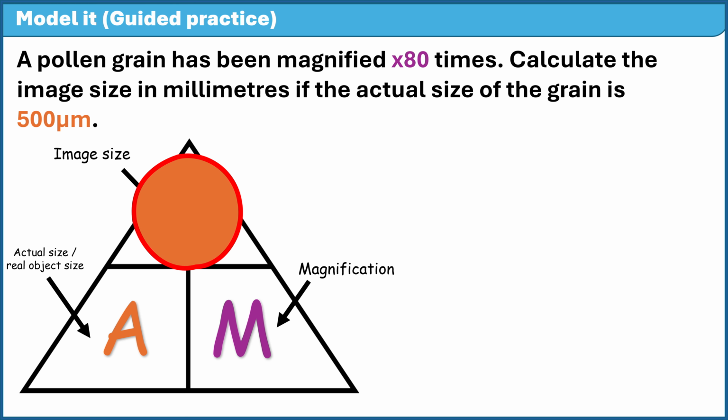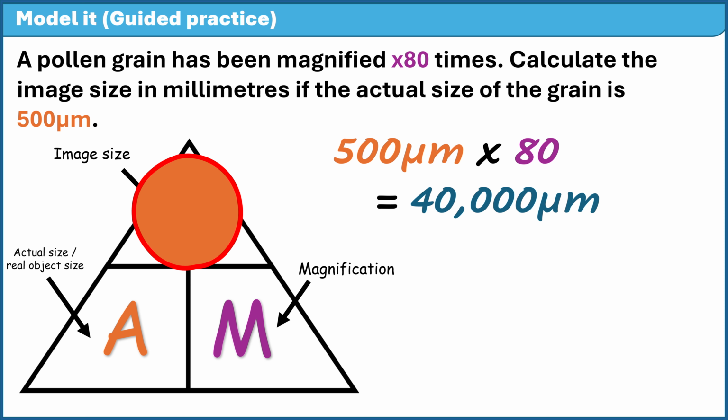Step 2 is to place the provided values into the formula. The actual size is 500 micrometres and the object has been magnified by 80 times. To apply the formula, we must do 500 times 80. The answer for the image size of the pollen grain is 40,000 micrometres.